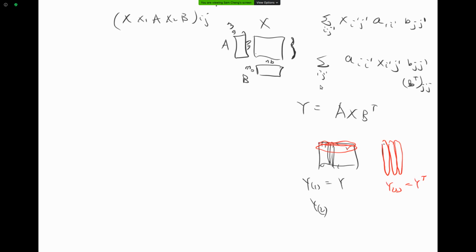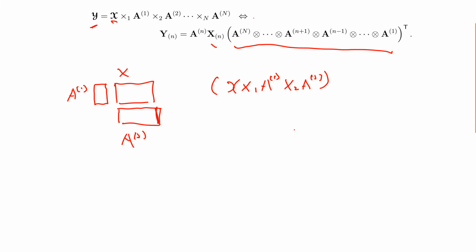So Y1 is just equal to Y, which is equal to A X B transpose. I can think of this as really the mode 1 matricization of X, which is equal to A X B transpose. So indeed this will satisfy this equation here, right?